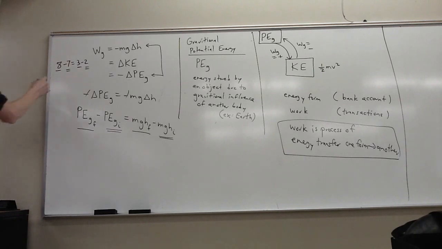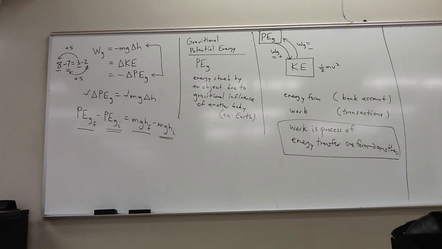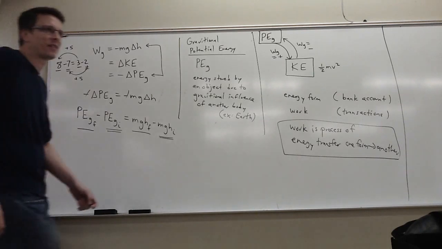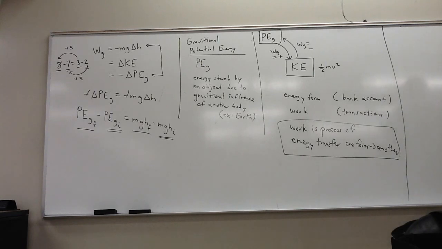And the reason, of course, is because there's a constant offset, right? 8 is 5 more than 3, and 7 is 5 more than 2. That's why they maintain the same difference. All I did was add 5 to each of the numbers on the right-hand side to get the left-hand side, and they still have the same difference.